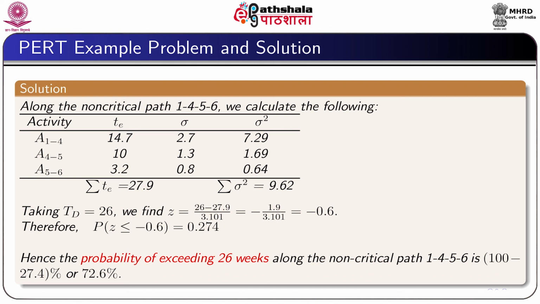From this data, we can find the probability that Z is less than equal to minus 0.6 is equal to 0.274. This indicates that the probability of exceeding 26 weeks along the non-critical path 1, 4, 5, 6 is 100 minus 27.4, which is equal to 72.6%.